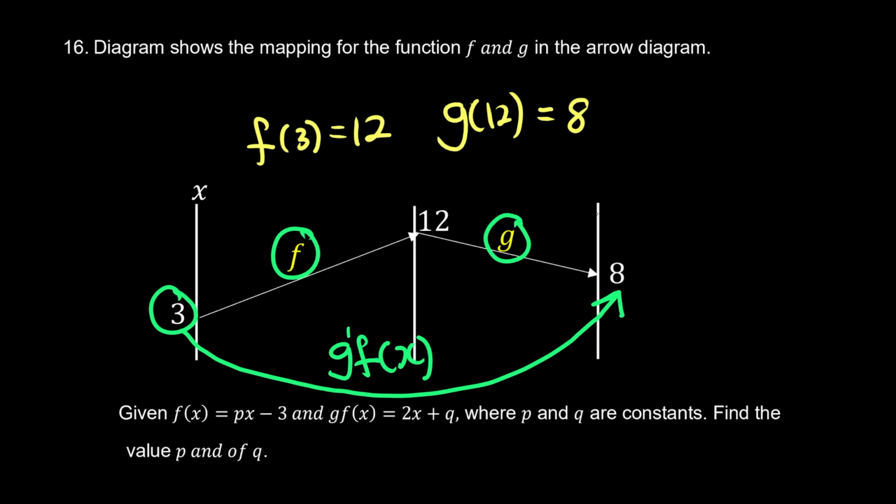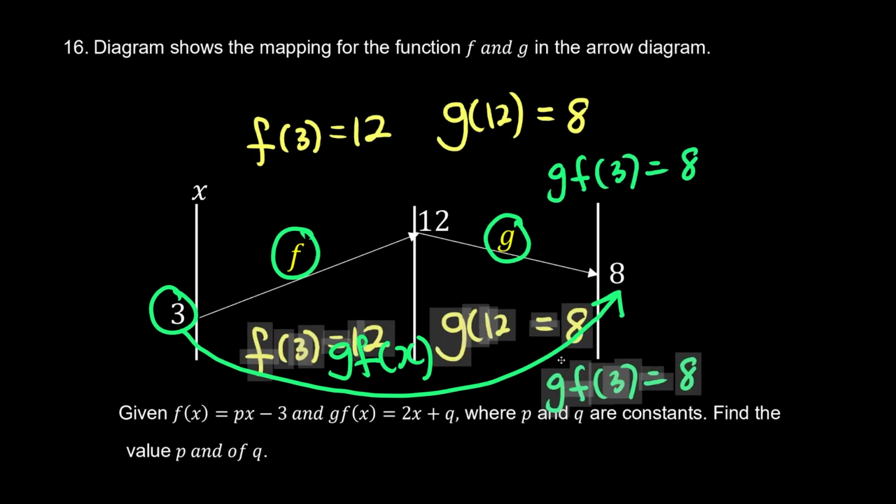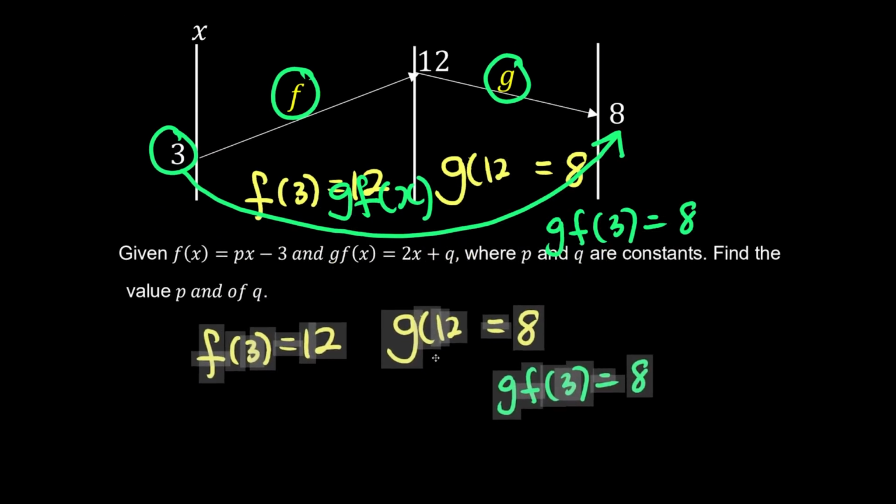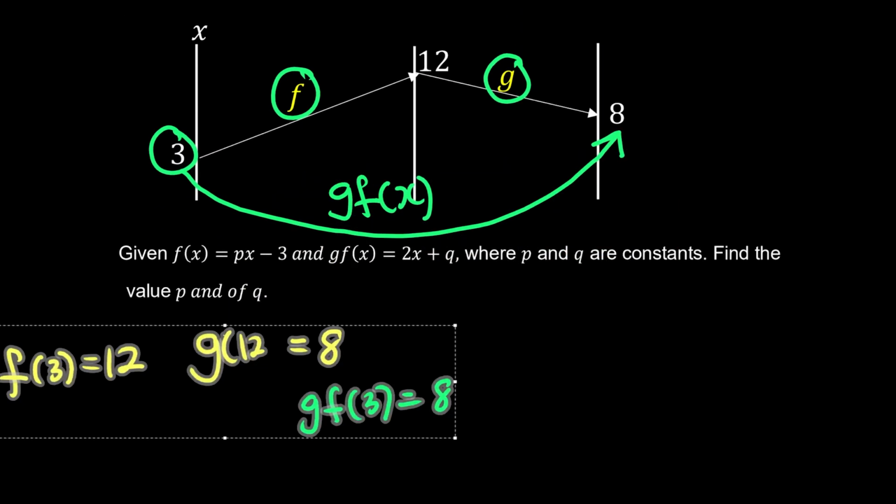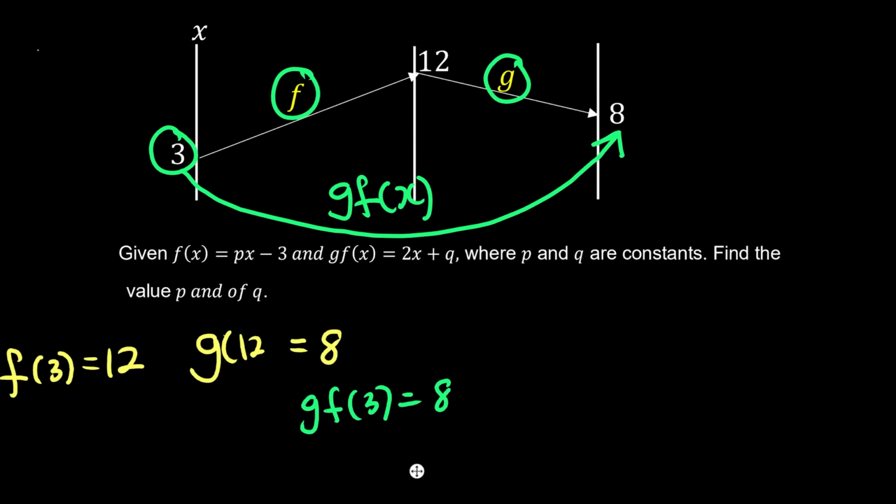So whatever f(x) is after we settle, we put into our g. So this is how we say that from 3 going to 8 is eventually gf(x). So can we write that now? Yes. gf, when it receives 3, we will get 8. So these 3 are going to be our information that we get from the graph. So we put it here first and see what we can do next.